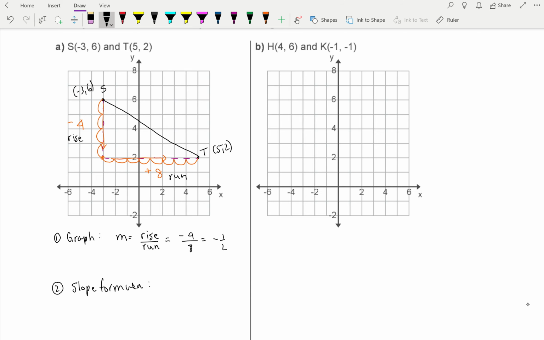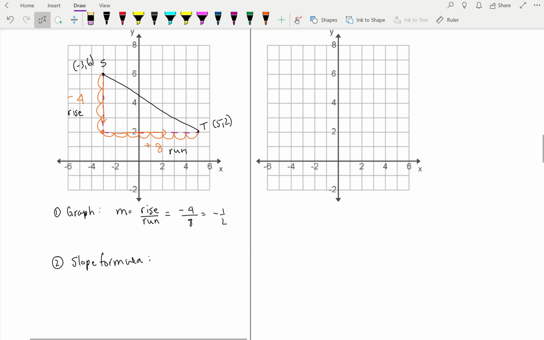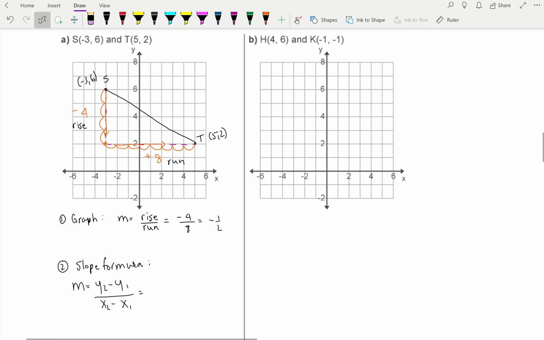Recall in class, I always ask you to write out the formula. So the slope is y2 minus y1 over x2 minus x1. That's your slope formula. What you want to do is go back to your diagram and designate S or T as point 1, and I'm going to call S point 1, with coordinates x sub 1 and y sub 1.